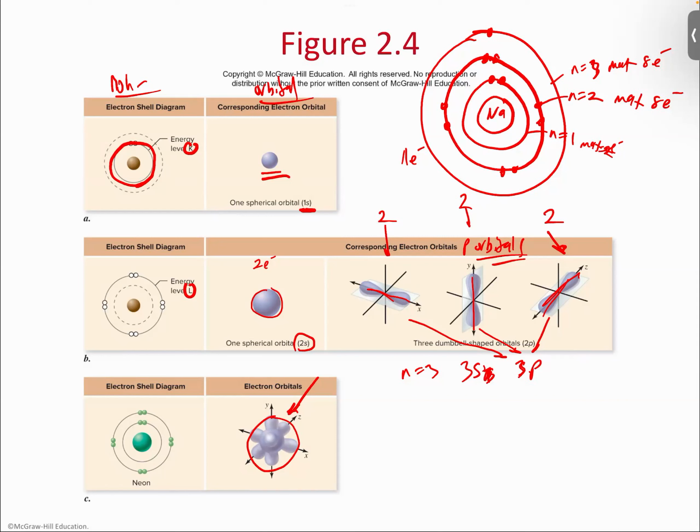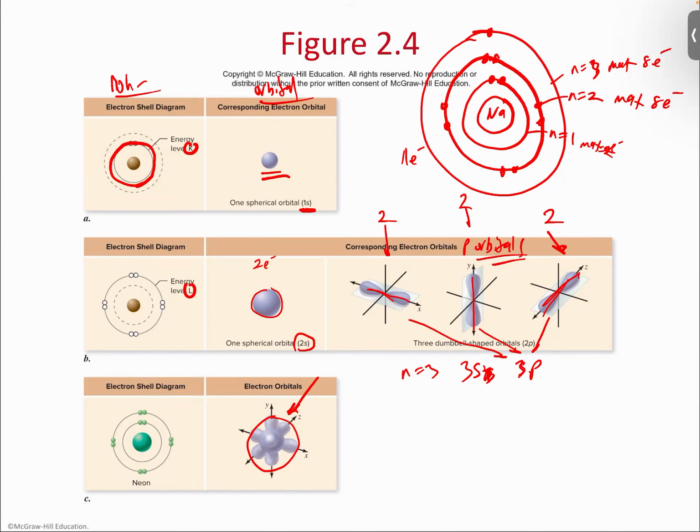If you have more, you've got to open up another energy level, and that's n equals 2. From here on out, you've got 4 orbitals: 1 s and 3 p orbitals. So you can stuff 8 electrons, 2 per orbital, 4 times 2 is 8.